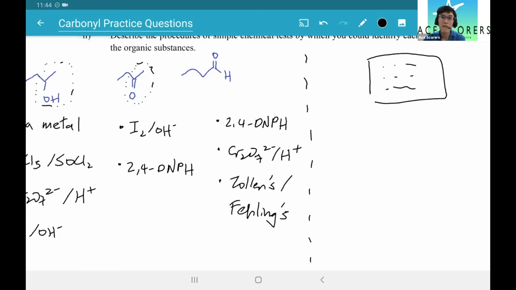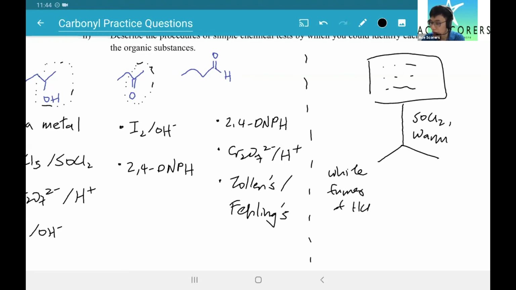Like for example, Carries, use SOCl2. So you will put here SOCl2, and Carries, what's the condition? Not RTP. Warm, SOCl2 must be warm, okay? SOCl2, warm. Then on one side you have the observation: white fumes of HCl, correct?